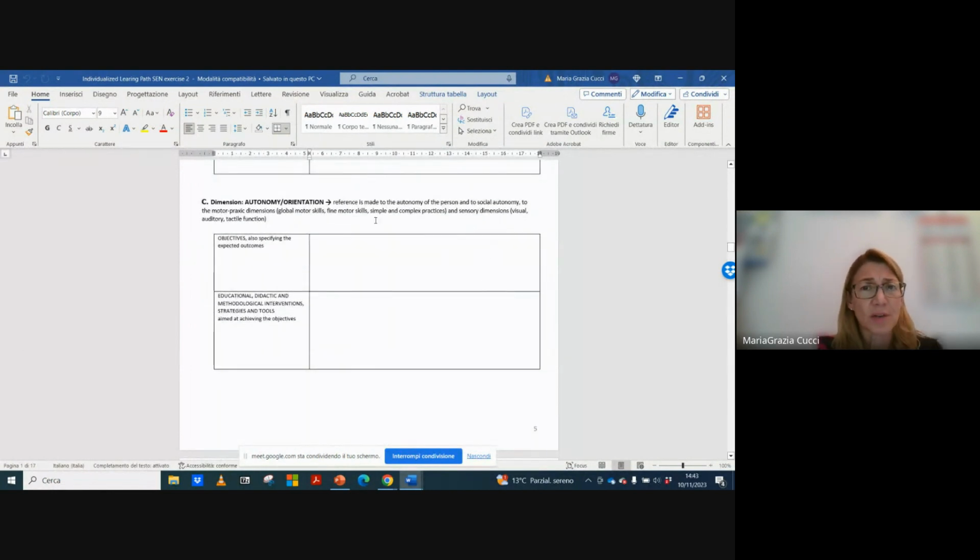Autonomy orientation. So here we are thinking about something which is more related to the personal and social autonomy of the person.